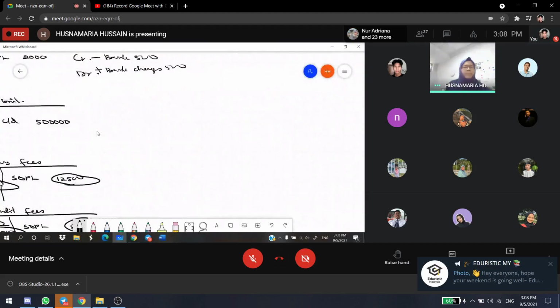The final preference dividend and a proposed ordinary dividend. Final preference dividend meaning masa tadi tu kita kira percentage, okay? And then dia kata a proposed ordinary dividend of 2 cents per share.